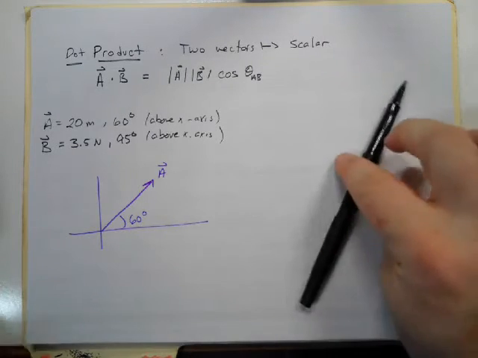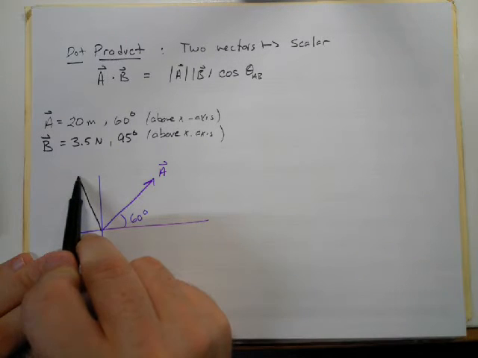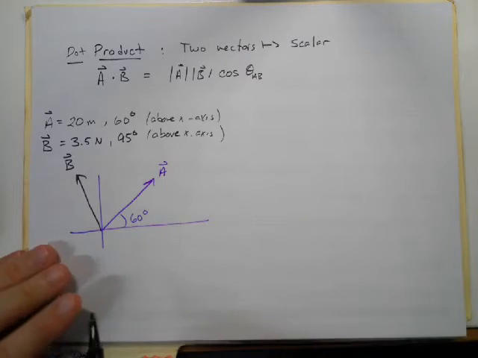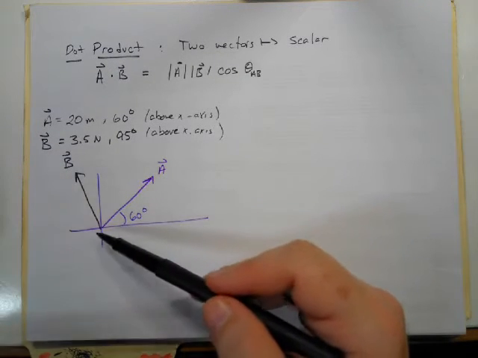So if I want to draw that, that's going to be like that, let's say. And I'm not putting numbers on this because obviously I have meters on one vector and newtons on the other.